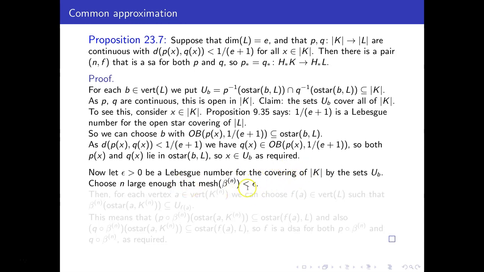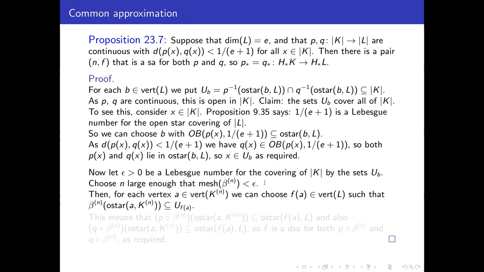So we've got the map beta bracket n from K bracket n to K, and we want to make it so that the mesh of that is less than epsilon. And because we had this proof earlier that composing with beta reduces the mesh by a factor of d over d plus 1, where d is the dimension of K, if we do that often enough, we'll get the mesh down below epsilon.